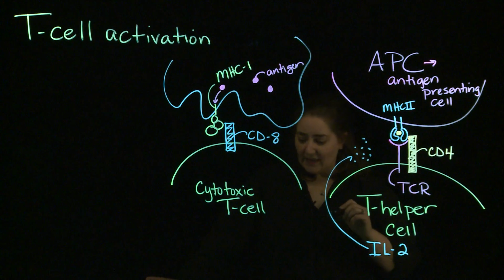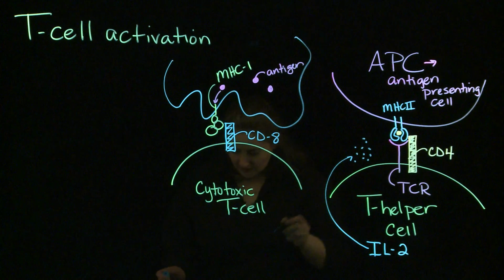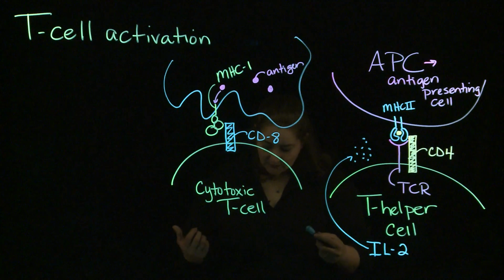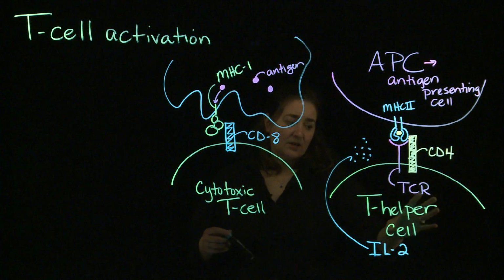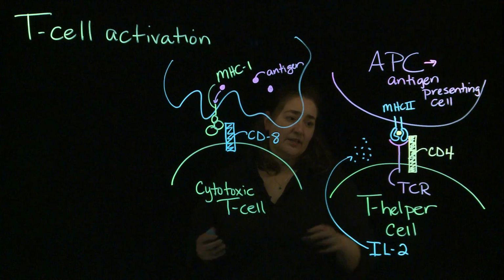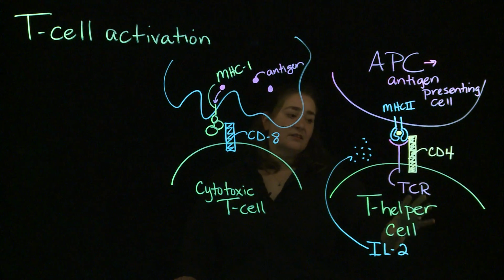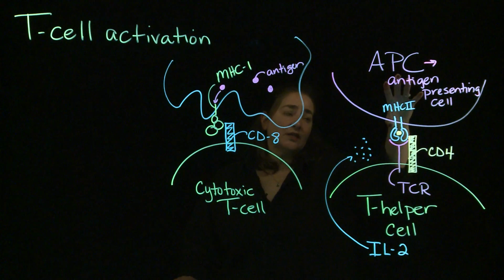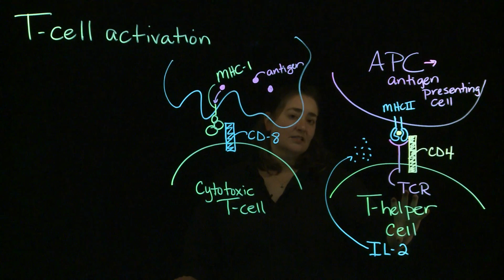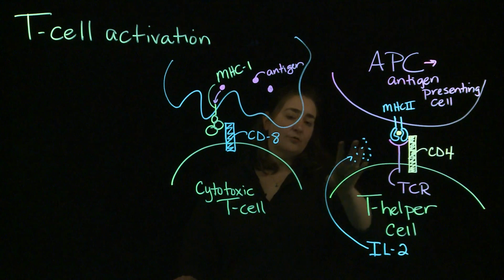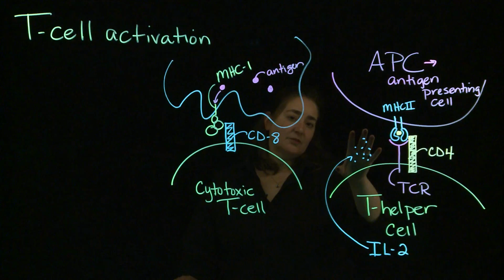And that interleukin 2 is what activates our T helper cell. But the interaction between the antigen-presenting cell and the T cell has to happen in order for the interleukin, the cytokine, to be released.